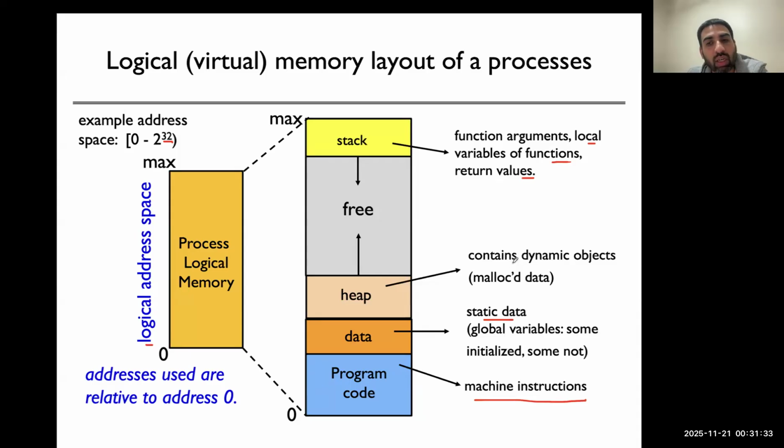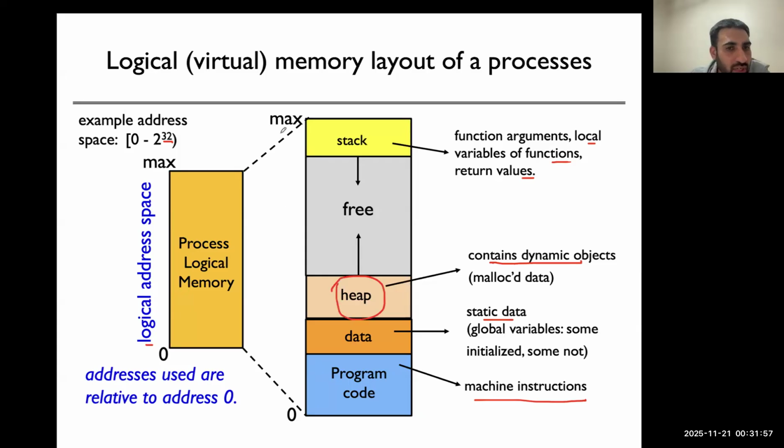And the heap is the part of the memory used to allocate memory dynamically. For example, when you use malloc in your C program running on Linux, the memory allocated to your program is allocated from this chunk.